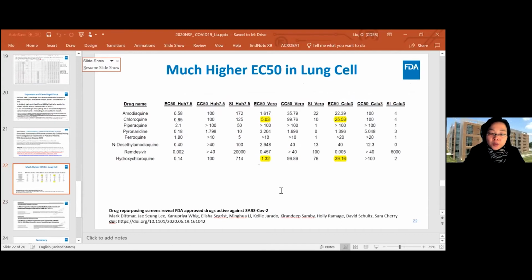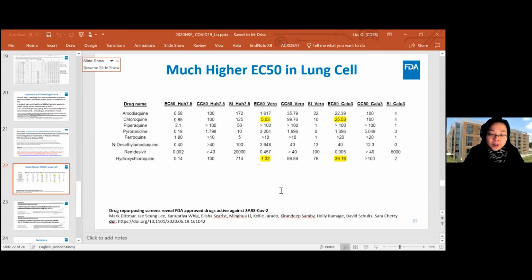When more and more groups were repeating the in vitro experiment, some groups realized that the cell lines used may not be appropriate. The most commonly used cell line is Vero or Vero E6 cell line, which is a monkey kidney cell line.